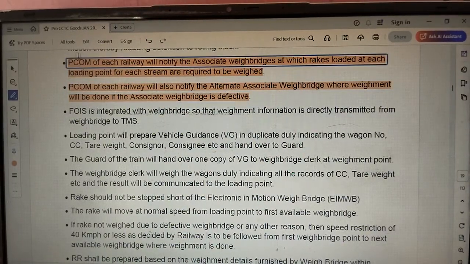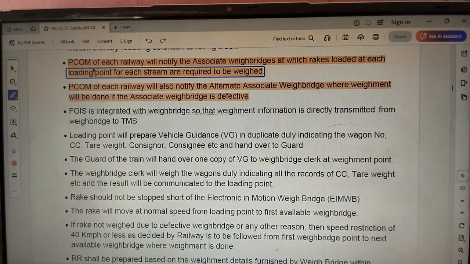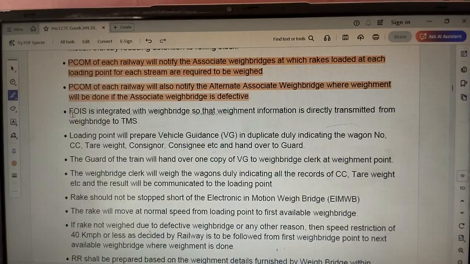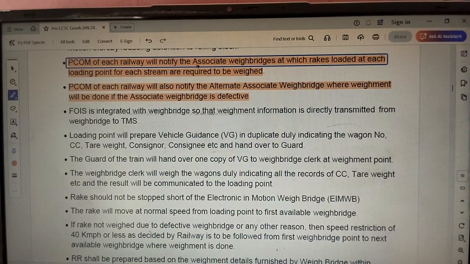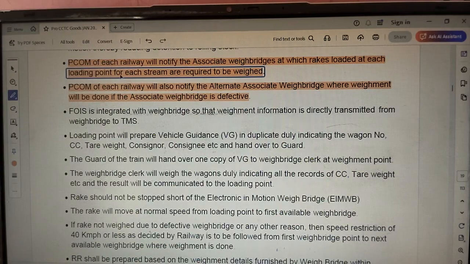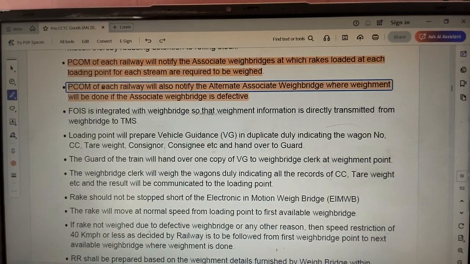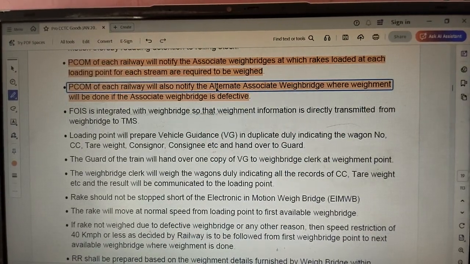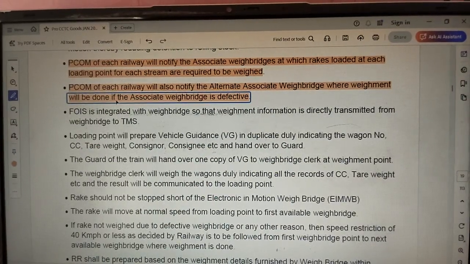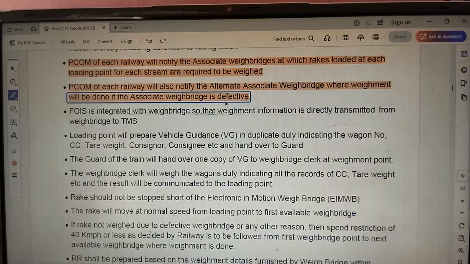So PCOM is in charge. They have to notify all the associate weighbridges, where weighment is available, for each railway, notify associate weighbridges at which rakes loaded at each loading point for each stream are required to be weighed. The railway will also notify the alternate associate weighbridges where weighment will be done if the associate weighbridge is defective.